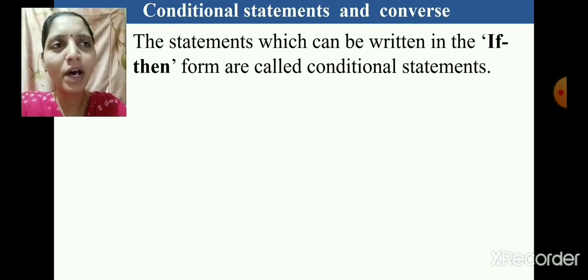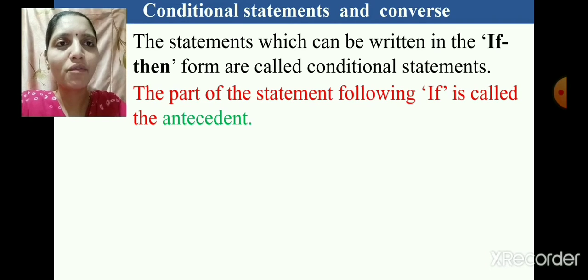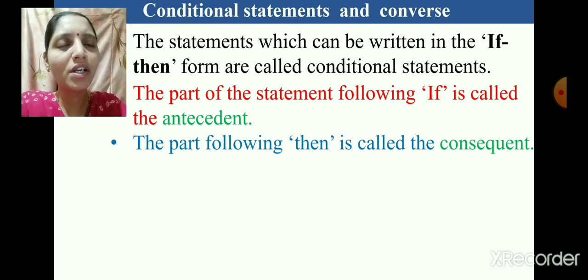Which are the two parts? Yes, antecedent and consequent. Now what is the meaning of antecedent? The part of a statement following if is called the antecedent. And what is the consequent? The part of the statement following then is called the consequent. So these are the two parts of the statement.